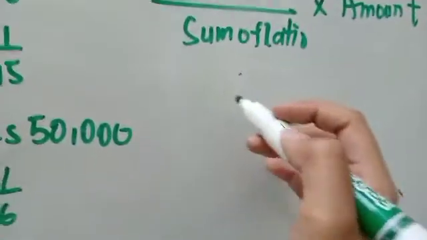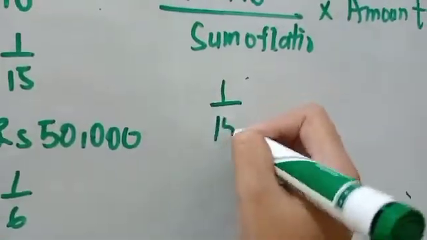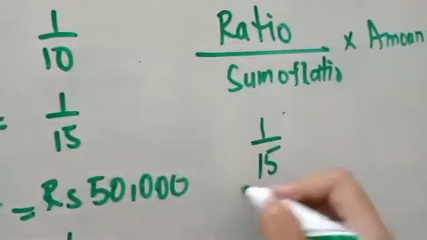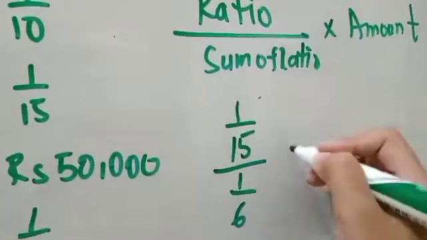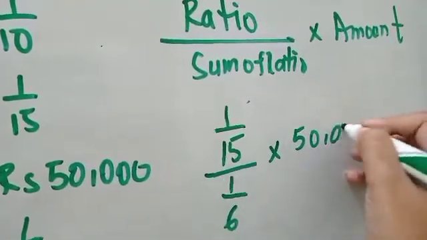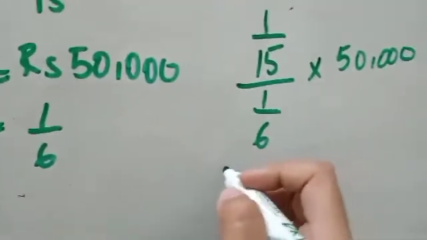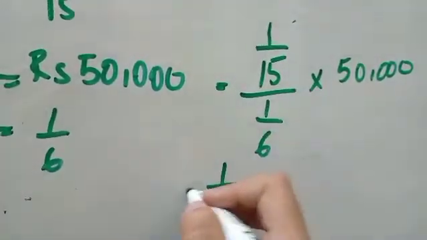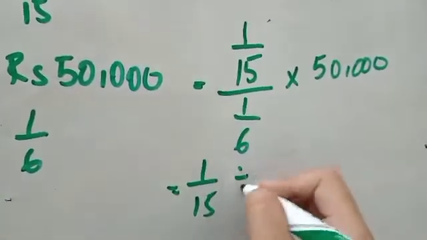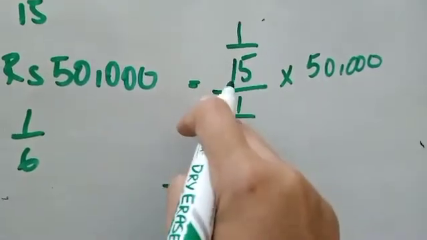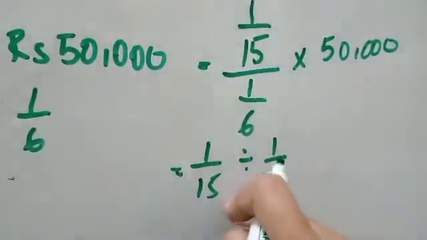Now I am working for the second charity. The same formula you will use. 1/15 is the second charity ratio, upon 1 upon 6 which is the sum of ratio, amount is 50,000. You will do the same thing. 1 upon 15 divided by 1 upon 6. This was the bigger divide, that's why I have written divide.